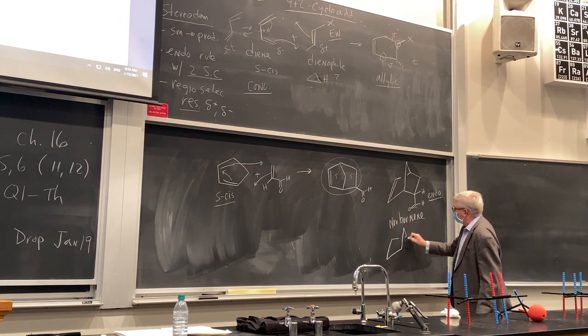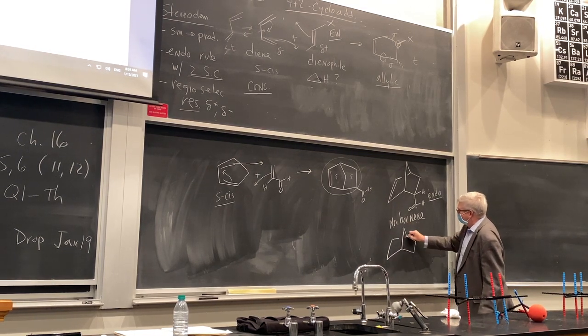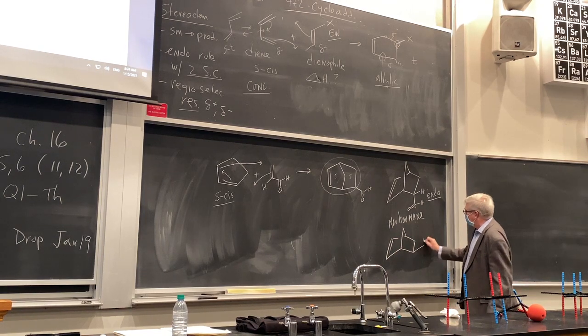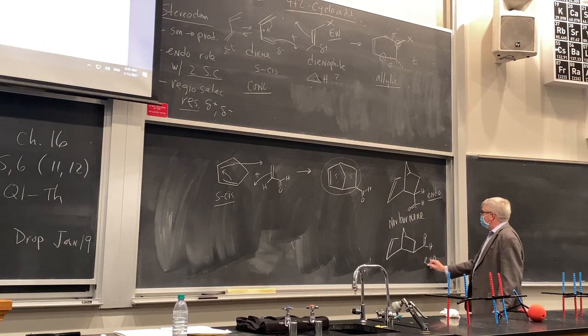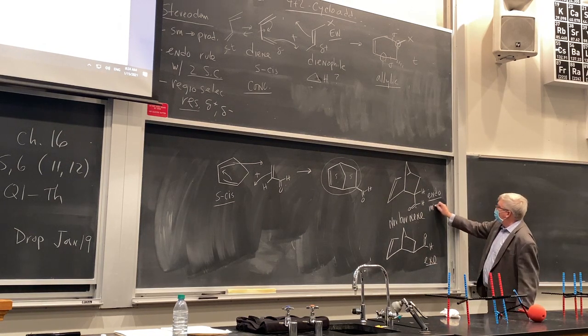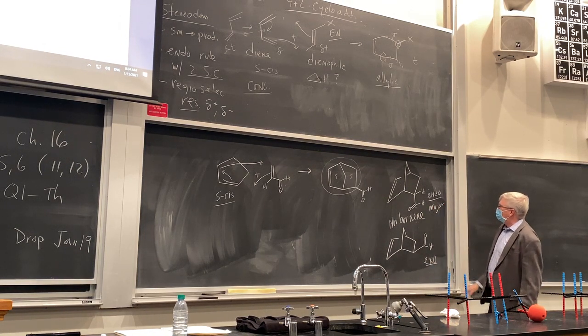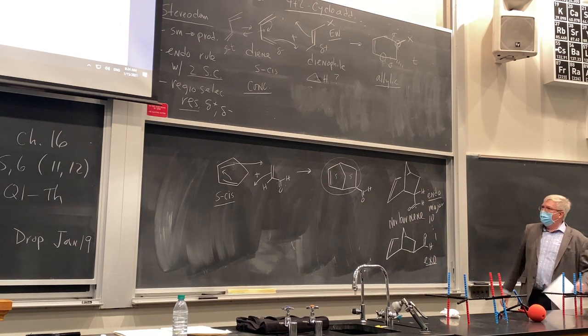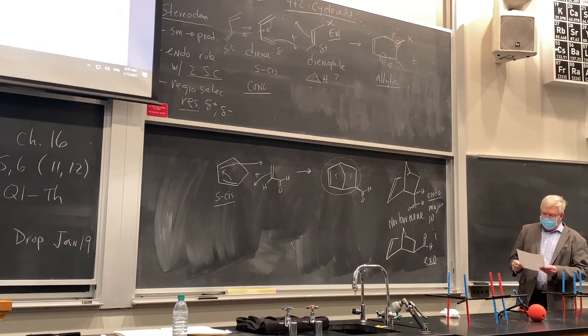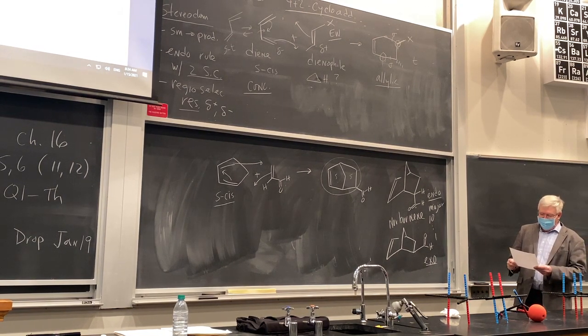Let me draw it the same way, okay? And if we have the aldehyde out here, that's called the exo product. Endo is always major. Usually it's about 10-to-1 to the exo product. There's some good reasons for that, and we'll get to that in a second here.